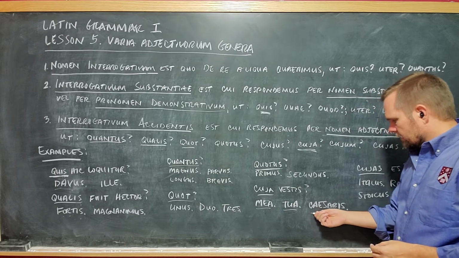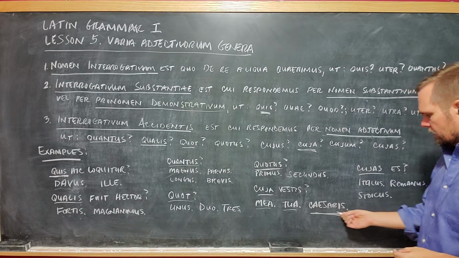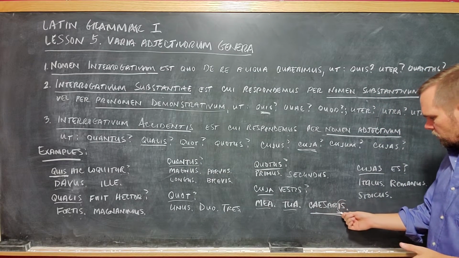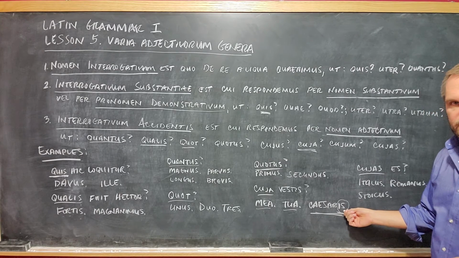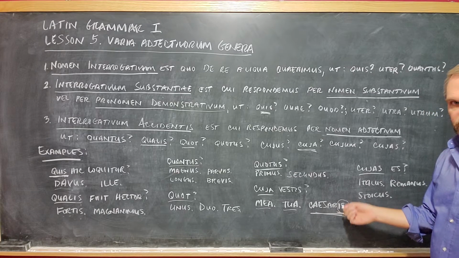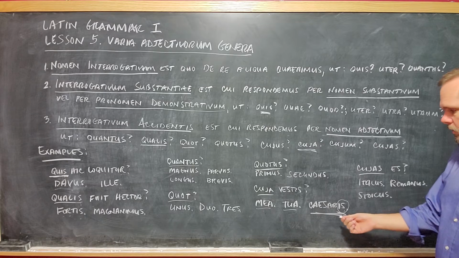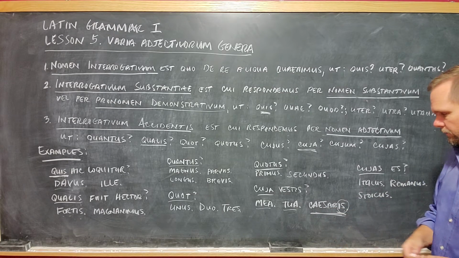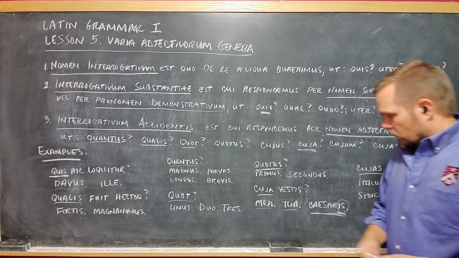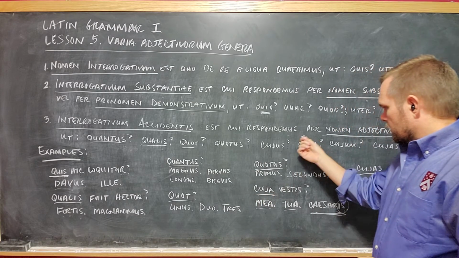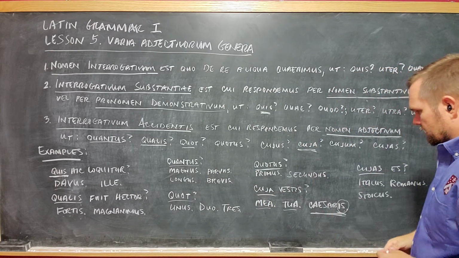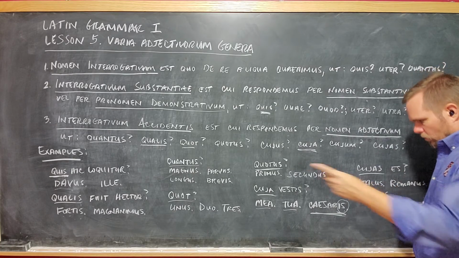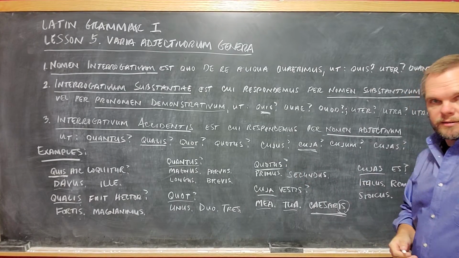And then Caesaris is actually, as we'll learn, the genitive case of the substantive noun Caesar. So it's like saying it's Caesar's clothing. Okay? So that's an example of cuia being used here. Cuia vestis, mea, tua, Caesaris.